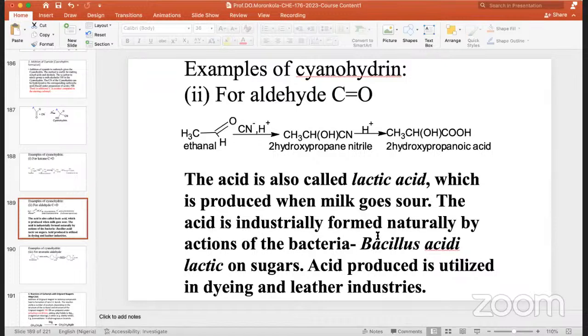The acid is industrially formed naturally by action of the bacteria Bacillus acidi lactici on sugars. The acid produced is utilized in dyeing and the leather industry. That's a very good importance for that product.